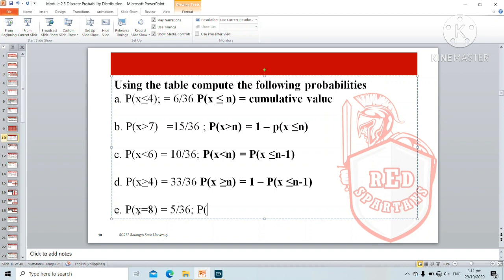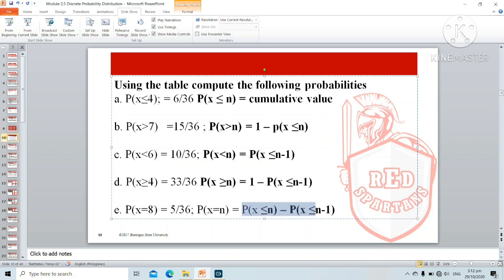Ang ma-derive natin is probability na x is less than or equal to n minus probability ng x is less than or equal to n minus 1.